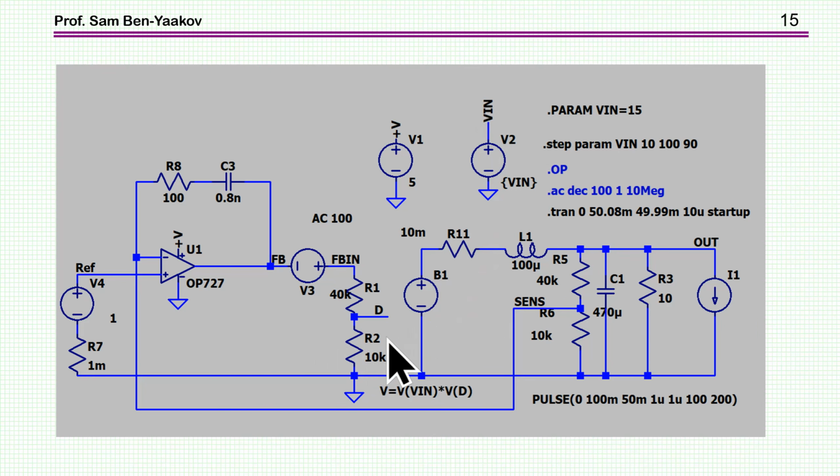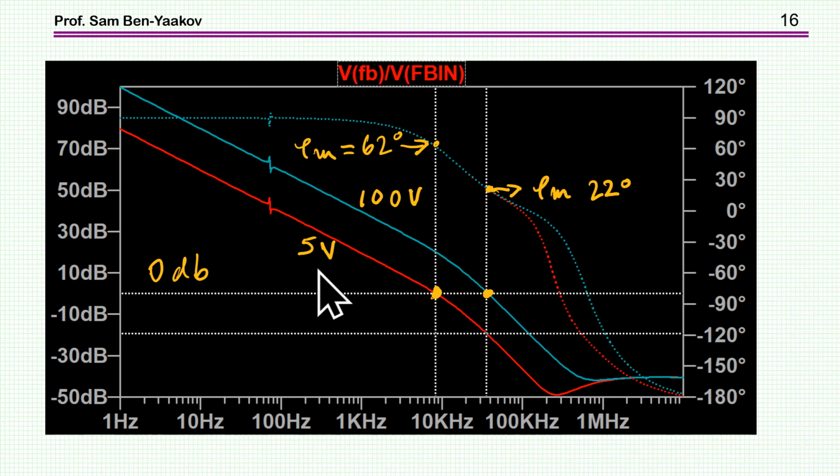Okay. Now, having this model, I can run, of course, an AC analysis and look at the loop gain, which is very convenient. So here it is. I'm showing two cases for this particular model, one with a 5-volt input voltage and one with 100 volts. The 100-volt case, of course, has a higher gain, for the reason that I've discussed.